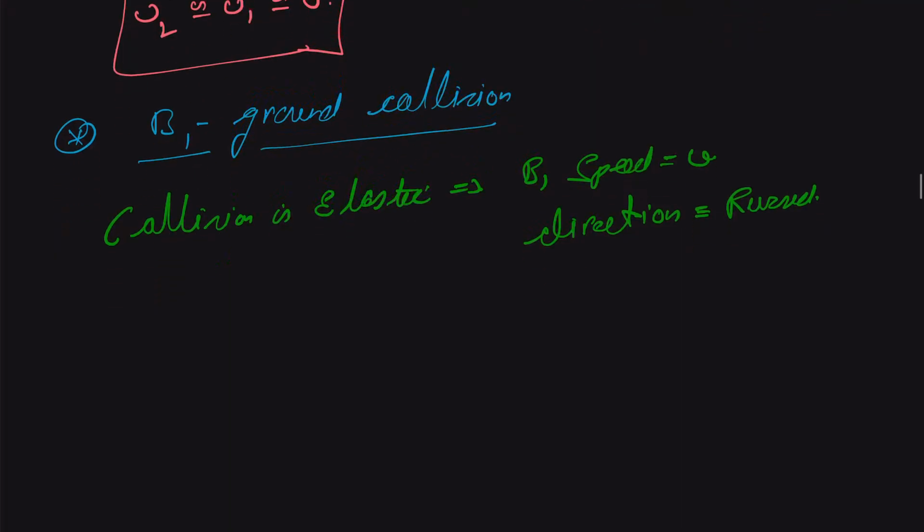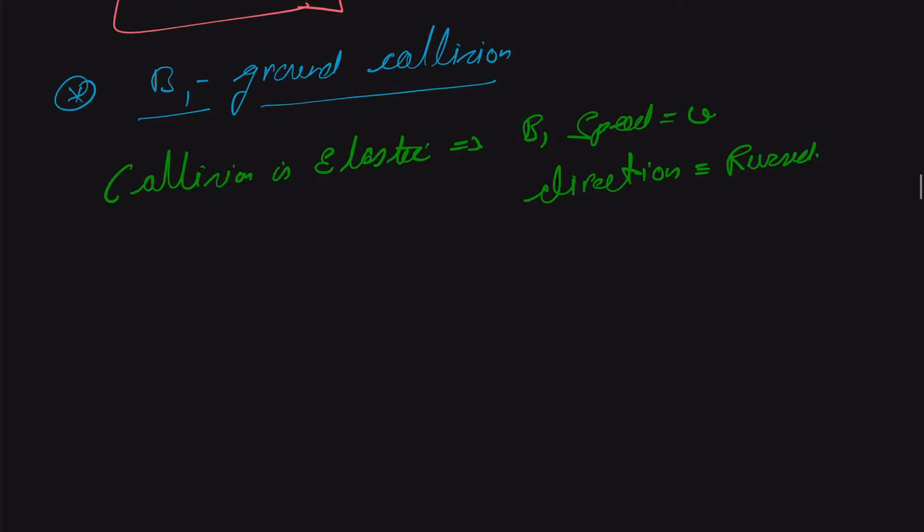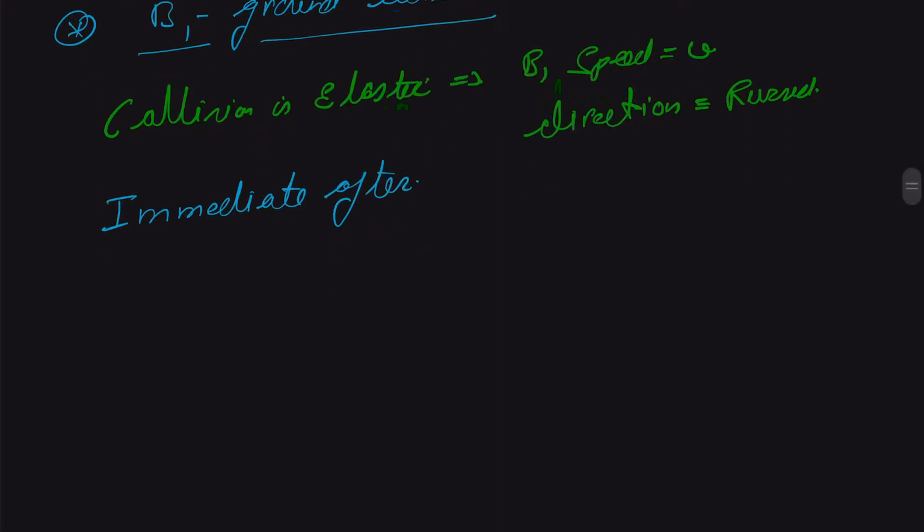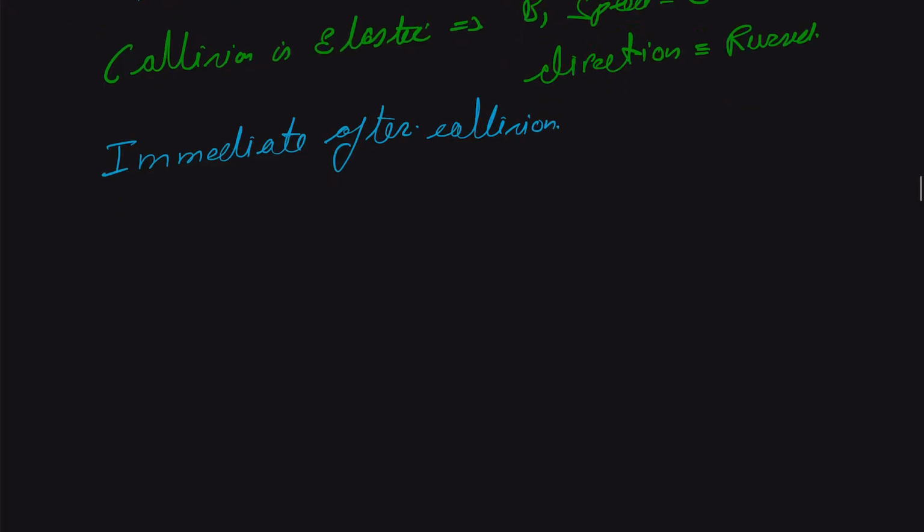So it means before impact, or rather after impact, before impact we already know. Therefore we can write that immediately after collision, our basketball, that is B1, is going to have speed, let us suppose plus v, and that is upward.